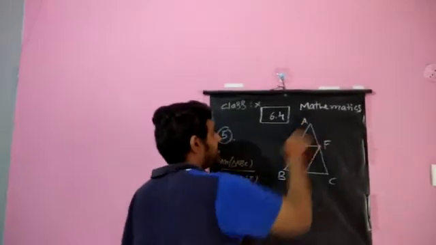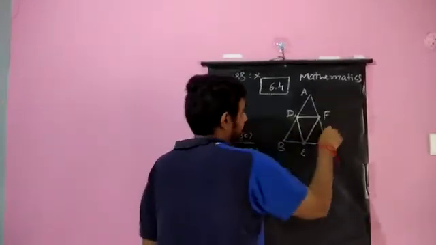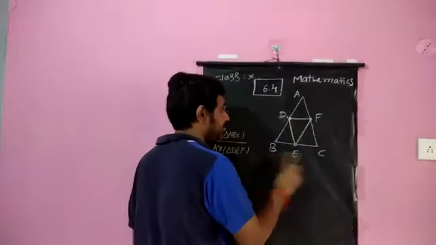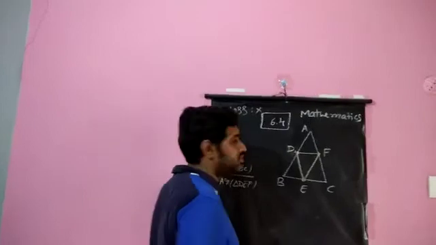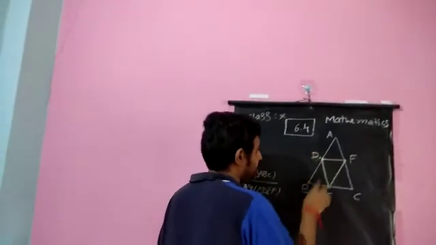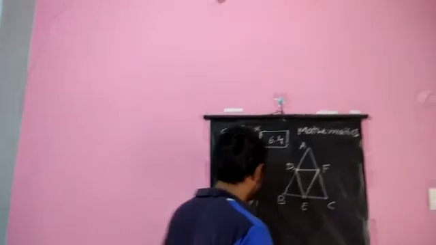Here ABC is a triangle, D is the midpoint of AB, F is the midpoint of AC and E is the midpoint of BC. If I join DE, DE becomes the line segment joining the midpoints of two sides of triangle ABC, which should be parallel to the third side and half of it.